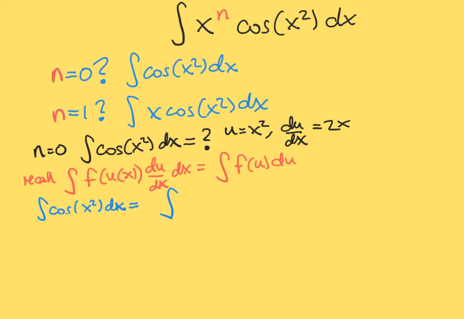So we're going to write the cosine of x squared, and then I'm going to write 1 over 2x times 2x integrated with respect to x.